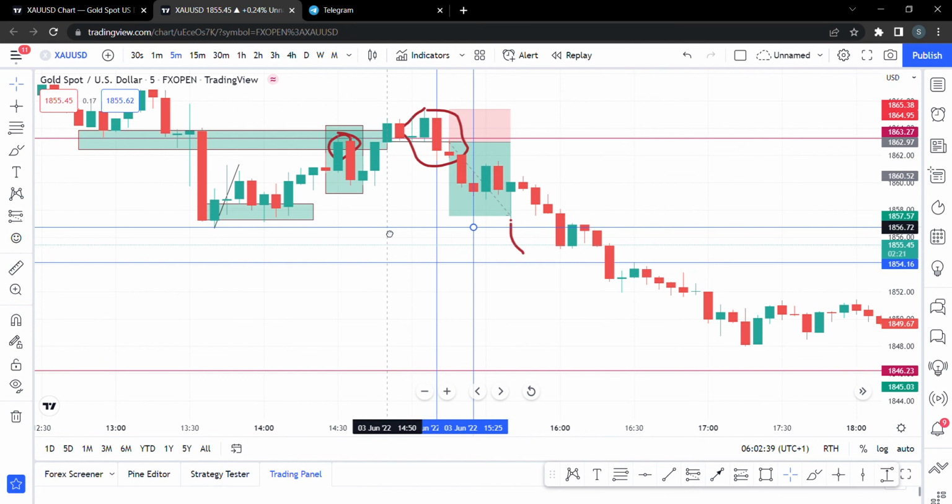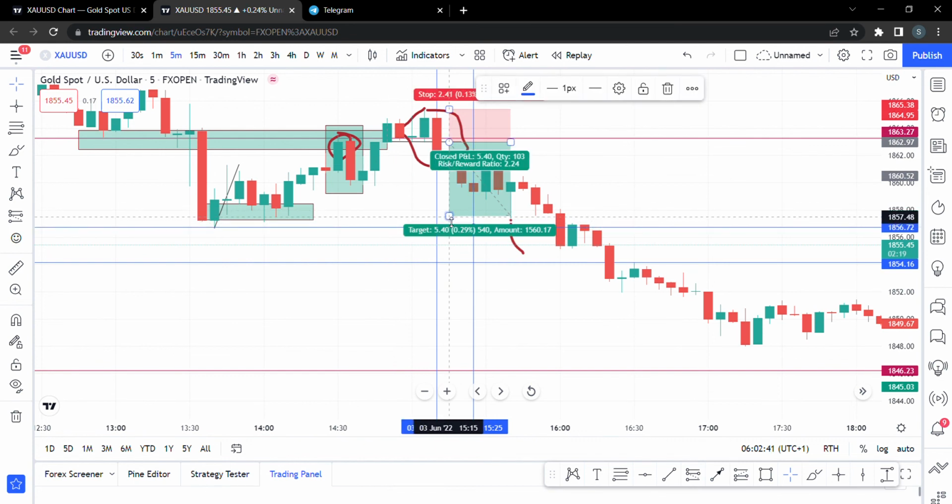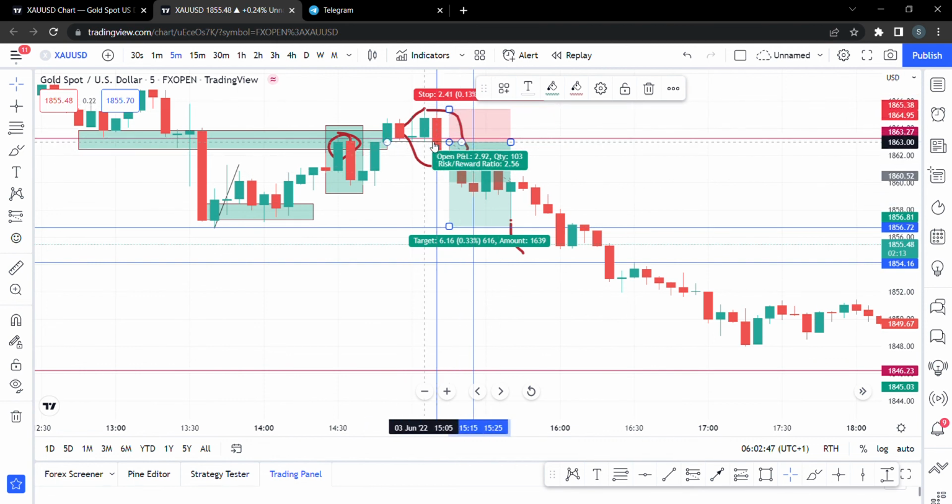This is the previous support, so this is where you should put your target. Simple. Your stop loss should be above the M structure. You enter after the break, after the candlestick has been confirmed as engulfing or pin hammer. Easy, easy.